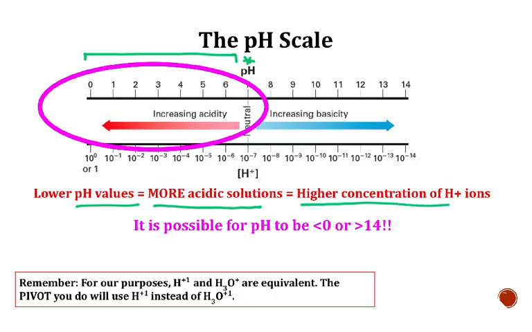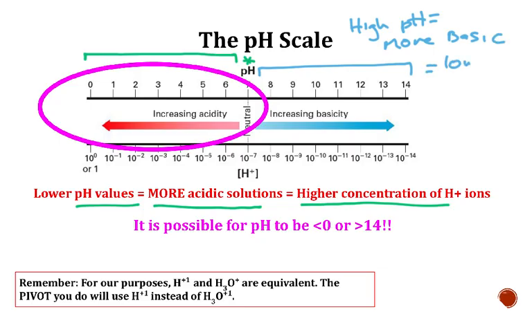When we're looking at this, that means that a high pH, it's just the opposite for each of those. High pH equals less acidic or more basic, which means a low concentration of H plus ions.